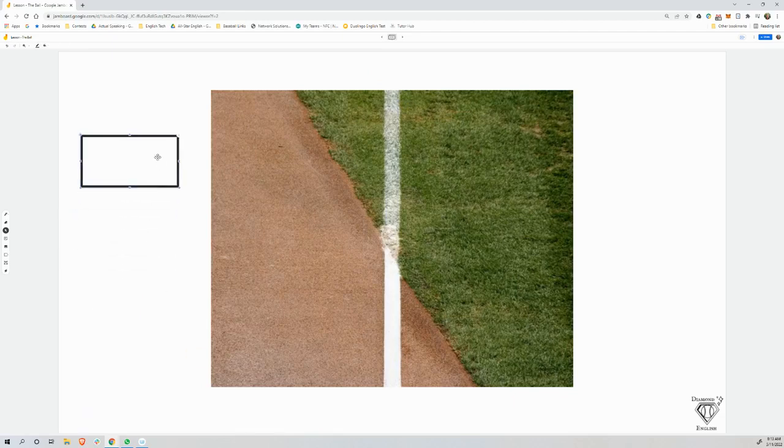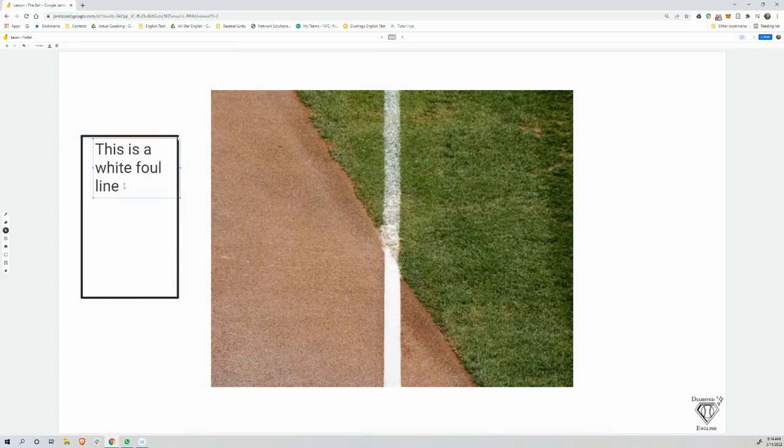What is this? This is a white foul line. Foul.